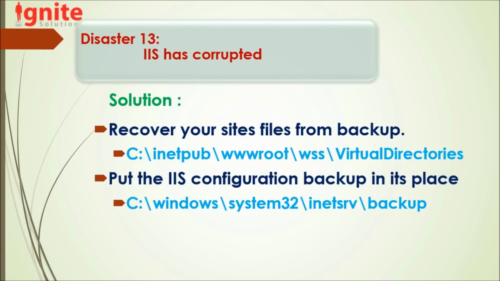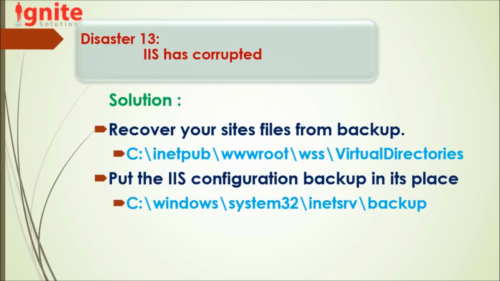Disaster number 13, and the last one I will show you in this section. IIS has corrupted. It is so simple, but when IIS fails, it means all your web applications won't work, even central administration. So what should you do to restore your IIS again, without having to restore all your SharePoint configurations and databases all over again to create your IIS sites?